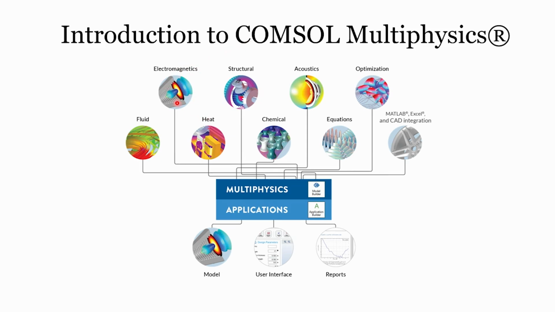And there is no limitation on the number of physics couplings that you can have. You can also write your own equations using the equation interface. You can optimize your design, so you can do shape optimization, topology optimization, and solve inverse problems, and you can also interface with other software such as MATLAB, Excel, or SolidWorks.